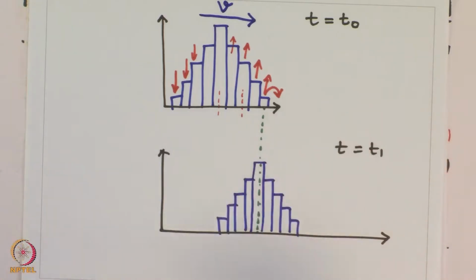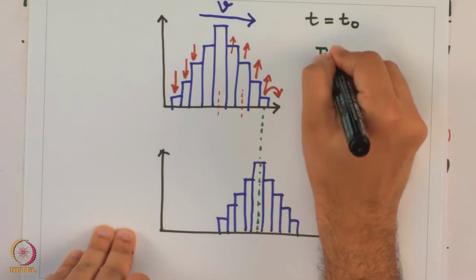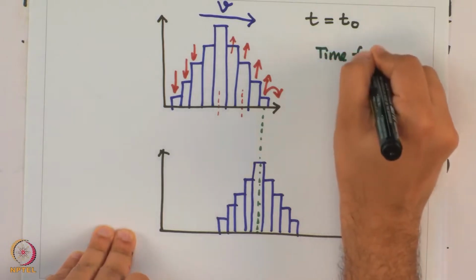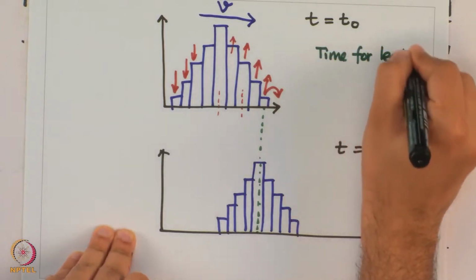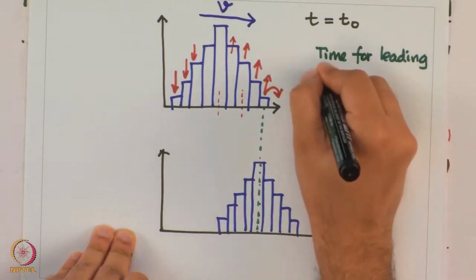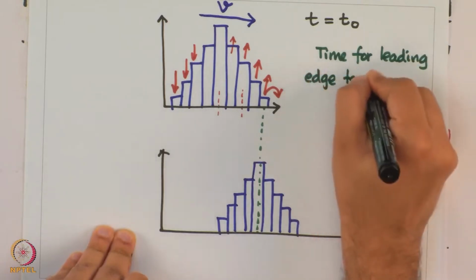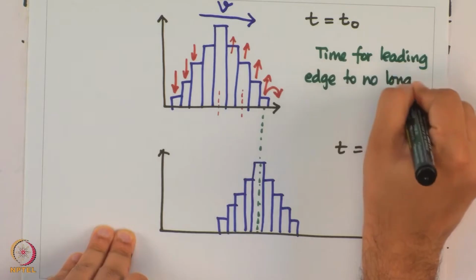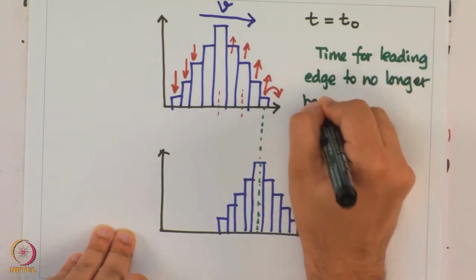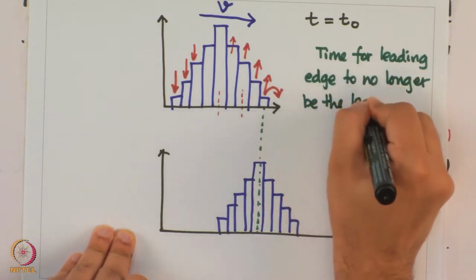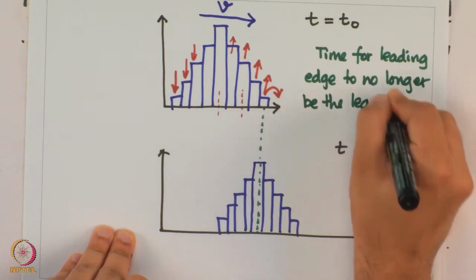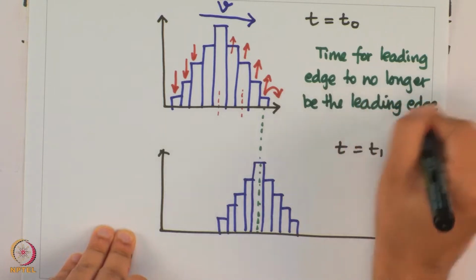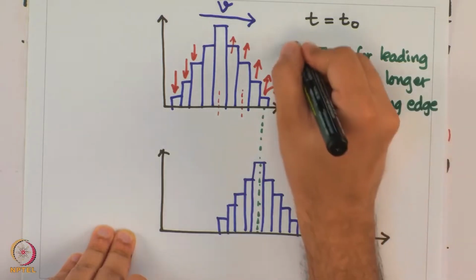So, we are going to use this result that the time for the leading edge to no longer be the leading edge is equal to tau.